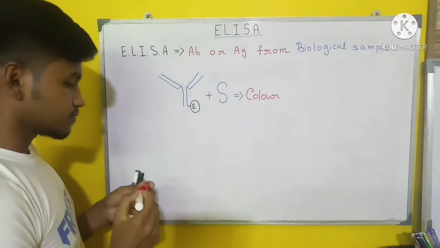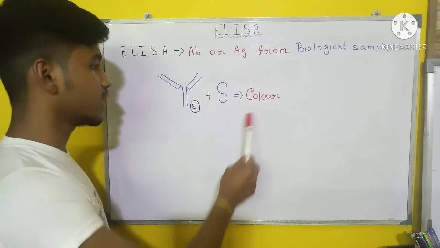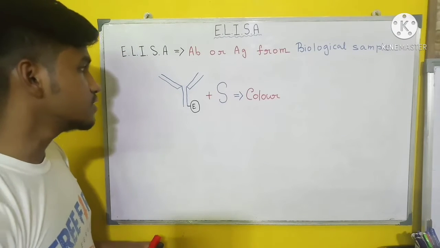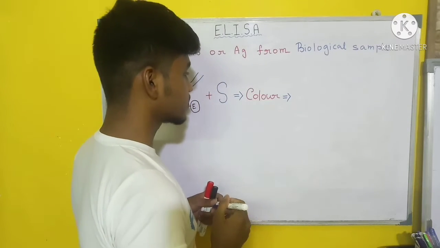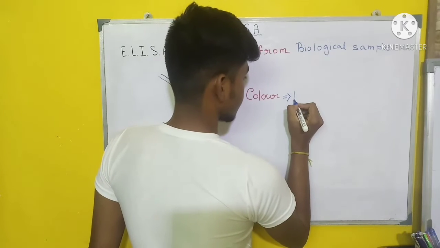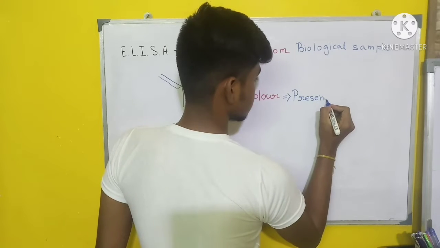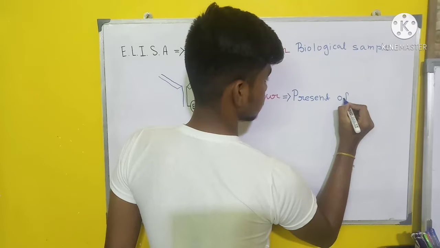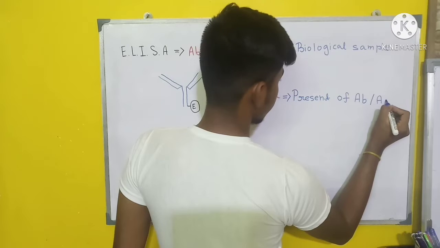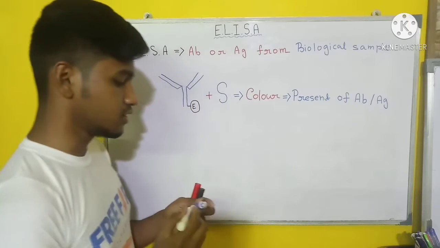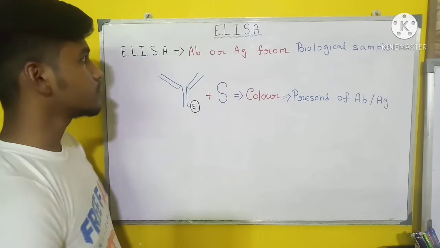When the color is produced, it indicates the presence of the antibody or antigen in the biological sample. So this is the basic principle of ELISA.